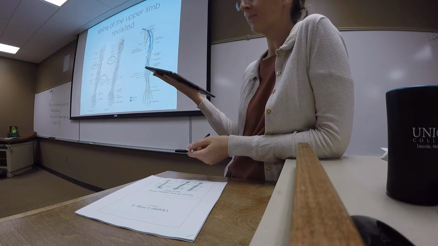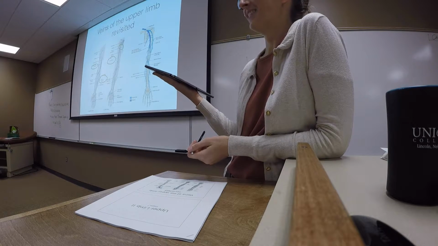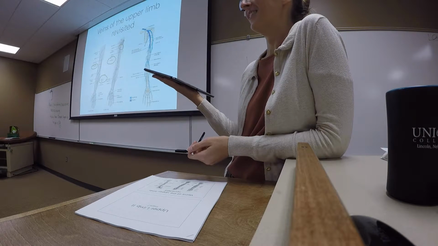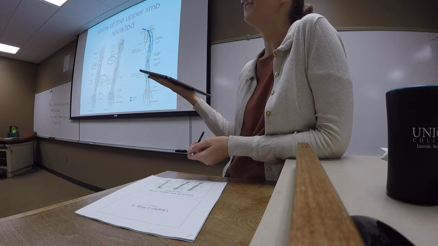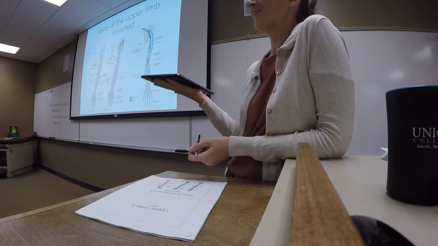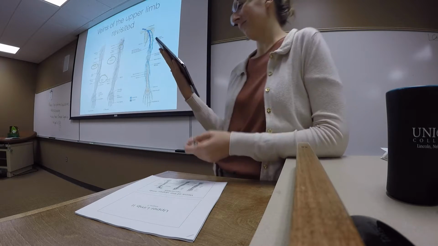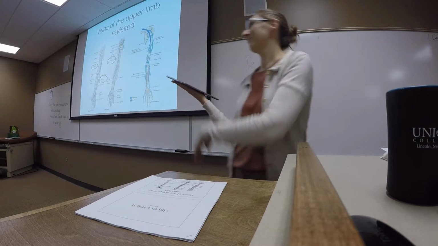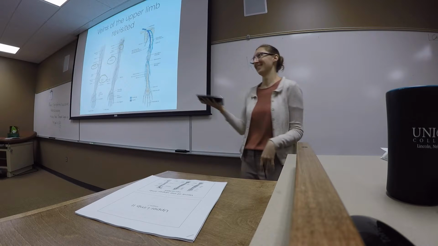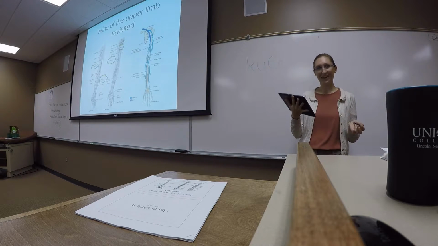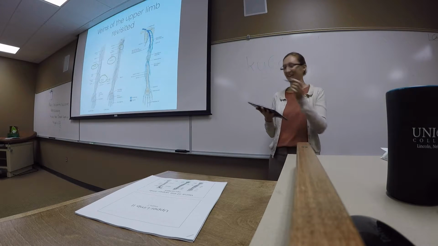Correct. I think that's really the only thing you can be 100% positive about: deep veins are the axillary, brachial, and ulnar; superficial are the cephalic and basilic. Exactly. So that is what we really need to know. Other than that, let the variation happen. All right. Does that make more sense now? Excellent.